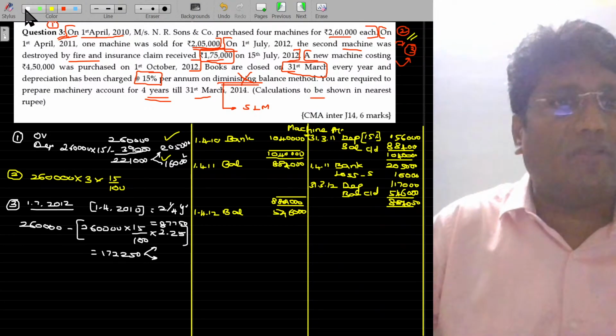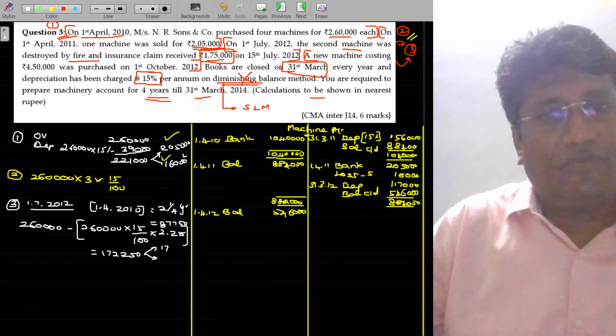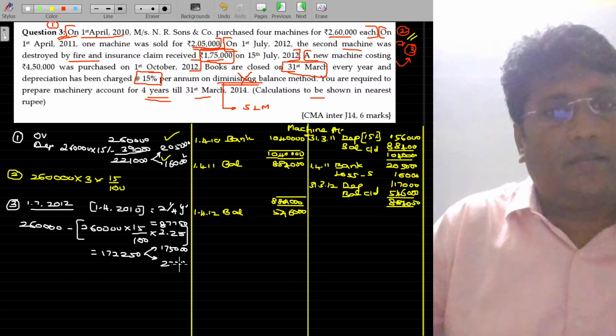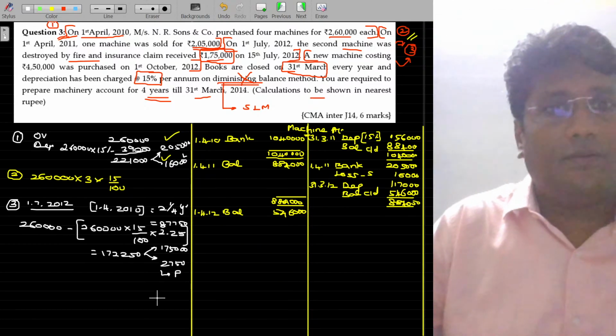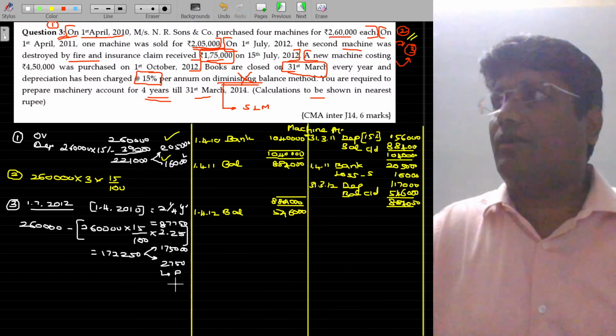So I am getting 1,75,000. Okay, 1,75,000 is the sale value. I am getting 2,750 rupees more than what I expected. Then here it is profit. Am I right? Are the calculations okay?